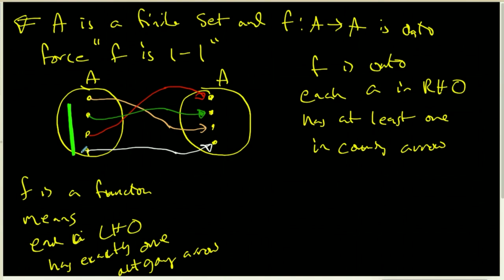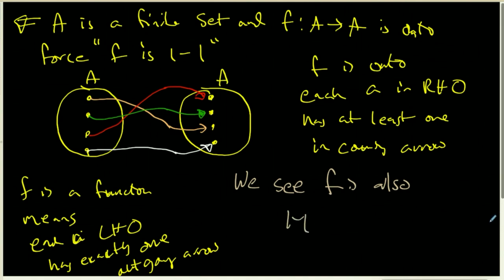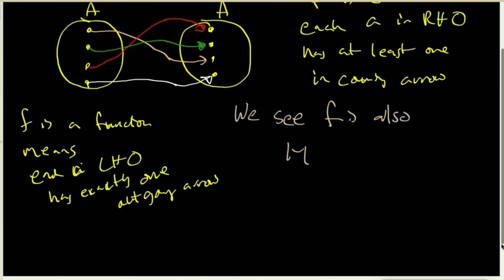And so that's as many outgoing arrows as I'm allowed for this function. And we notice that this is indeed a one-to-one function. So if we look at the picture, we see f is also one-to-one.